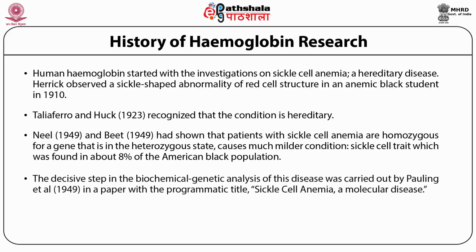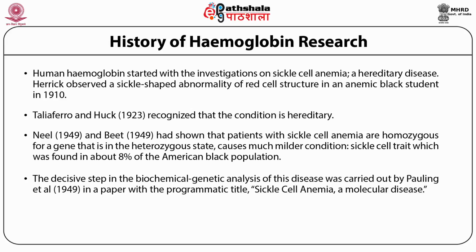The decisive step in the biochemical genetic analysis of this disease was carried out by Pauling et al. in 1949 in a paper with the programmatic title Sickle Cell Anemia, a Molecular Disease. The authors examined the hemoglobin of patients with sickle cell trait and sickle cell anemia, comparing them with the hemoglobin of normal individuals.